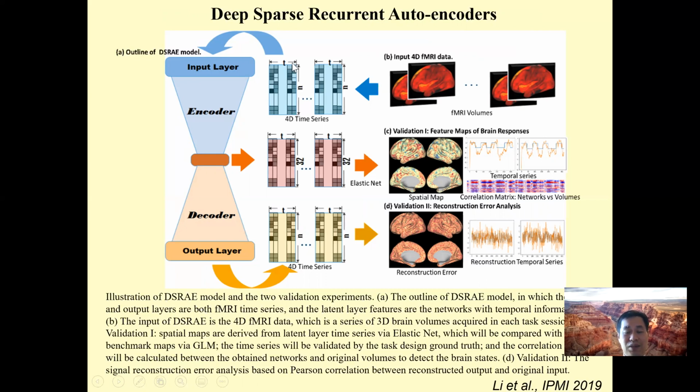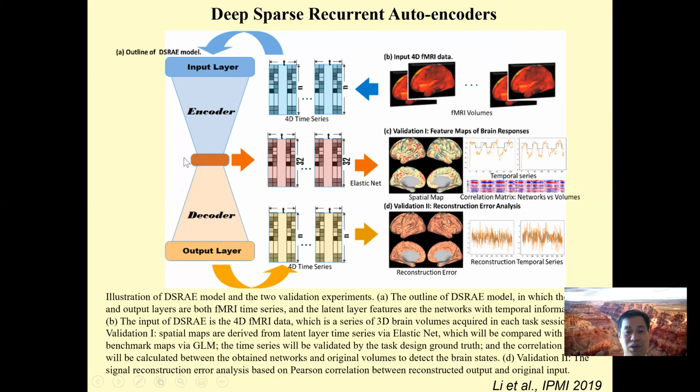So the idea is very similar to the previous approach, but the major difference is that we add a recurrent layer into the internal representation of the four-dimensional volumetric brain data. So again, we use the 4D time series as the input of this autoencoder, and we put the same input and output to train the network.